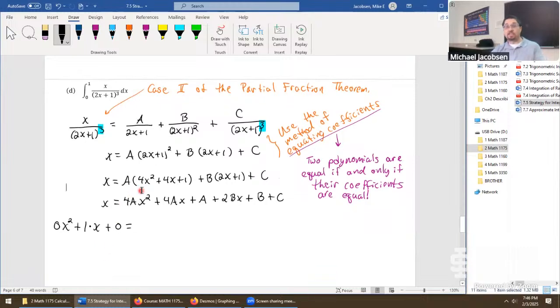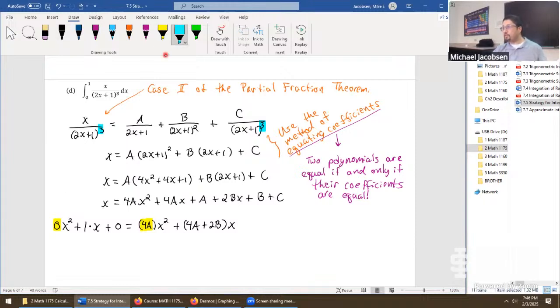But now we compare that against the right-hand side. What goes with x squared? It's just this 4a x squared here. So that means 0 corresponds to 4a, and that's a whole new equation. Then let's do it again. We have 4ax, 2bx. Factor out x from both of those to get plus 4a plus 2b x.